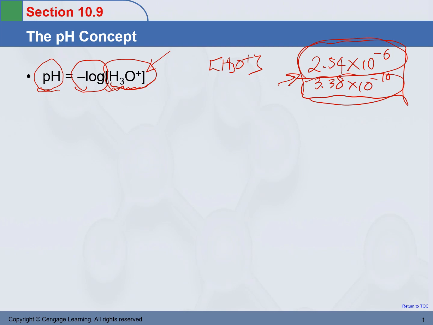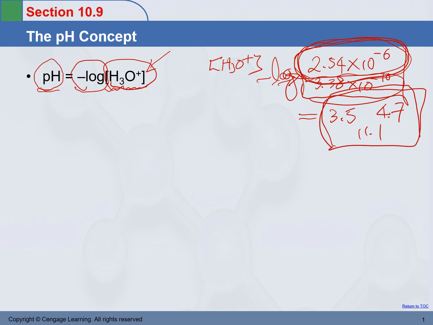So what scientists did is take a negative log of a number like that. If you take a negative logarithm of numbers like that, you're going to get numbers like 3.5, 4.7, 11.1. Numbers like this are a lot more compact, a lot easier to look at, to compare, to operate on.